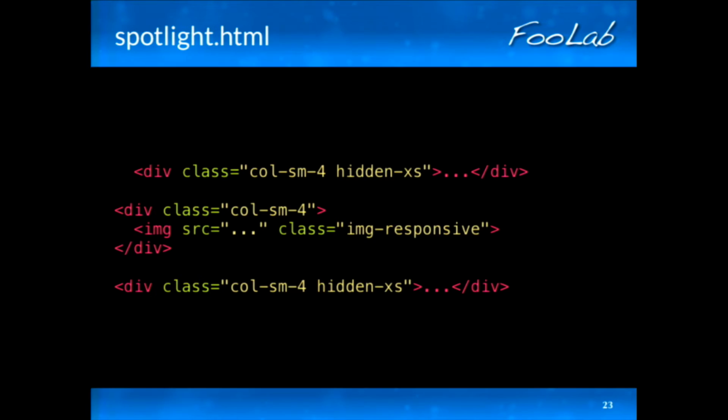So the way we achieve that is we create divs that are 4 columns. So basically you have 3 divs side by side, 4 times 3, 12. So you got your 12 columns total. And you want the first and the last one to be hidden for extra small screens.